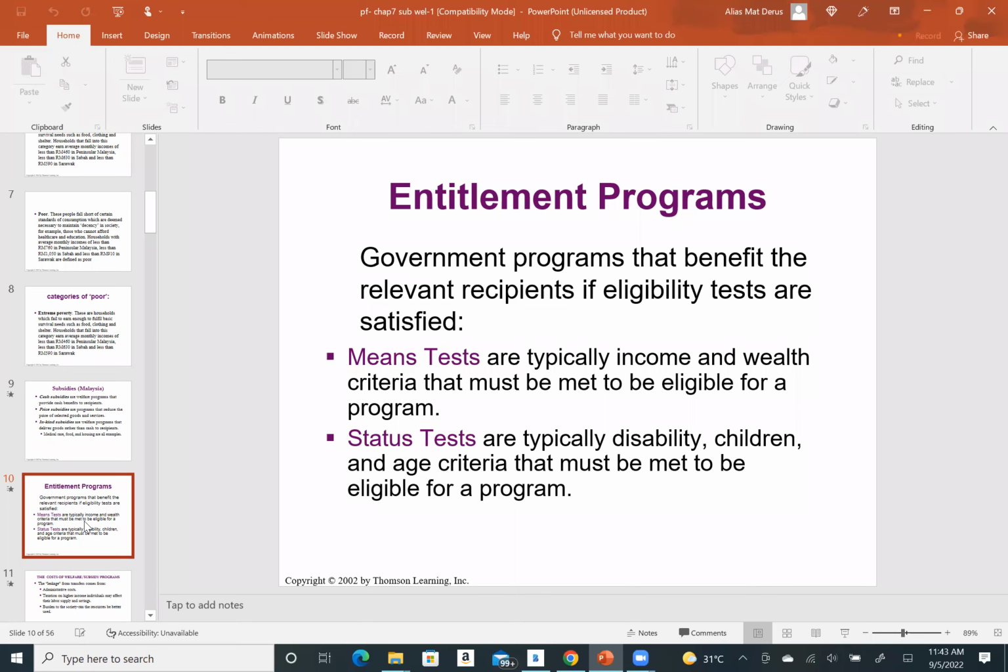Or children, you are an orphan without parents, or we are children below a certain age. And another criteria is disability. Disability means we are disabled.